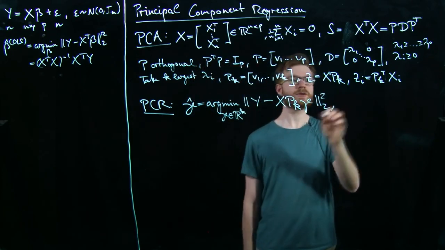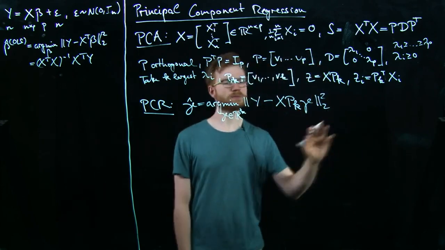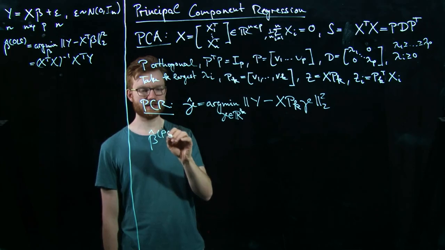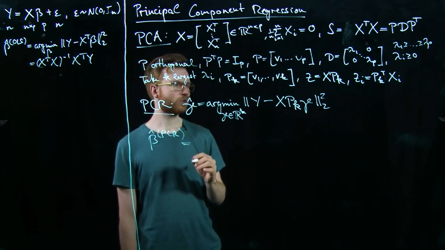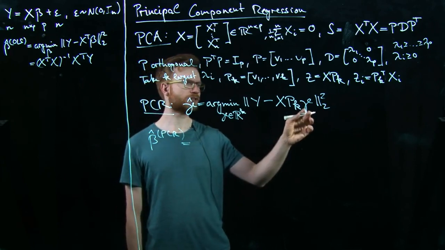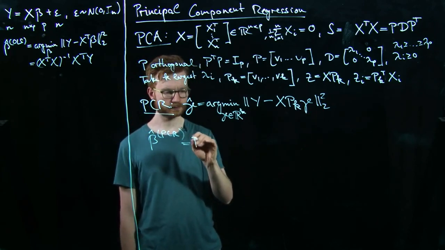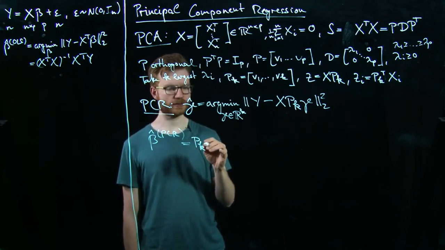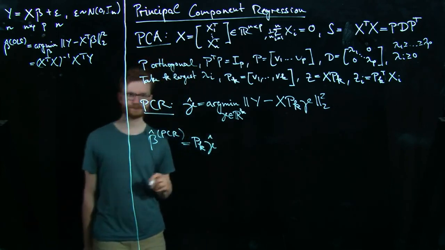And then we are going to pull back our data and set the PCR, principal component regression estimator, to be the projection of gamma back to the original space. That is, it's going to be P_k gamma hat.